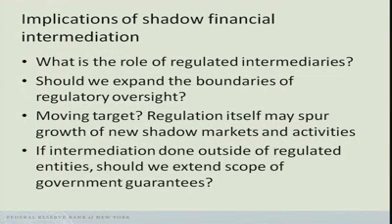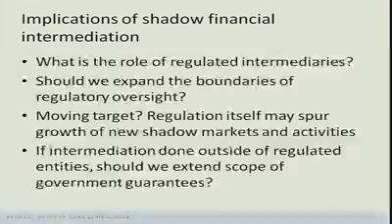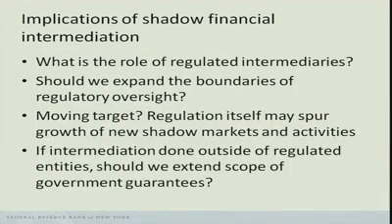recently. So if indeed it is the case that intermediation moves away from regulated intermediaries, should we expand the boundaries of regulatory oversight? This is, in a way, the approach that in an international setting is currently undertaken by the Financial Stability Board. But we should also take into account that it's a moving target.